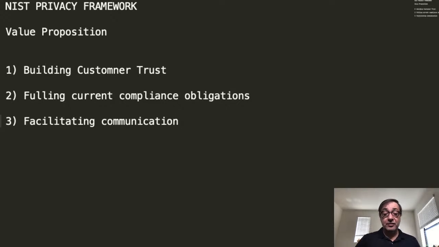But the framework is intended to fill that gap by providing a common language for talking about privacy risk. The framework can be useful in communicating with, for example, your regulators, going back to the compliance point earlier, to show which activities you are undertaking to support legal compliance. And it can also be useful in communicating across your organization different roles, from the legal folks to your IT professionals, about privacy to support better privacy risk management.